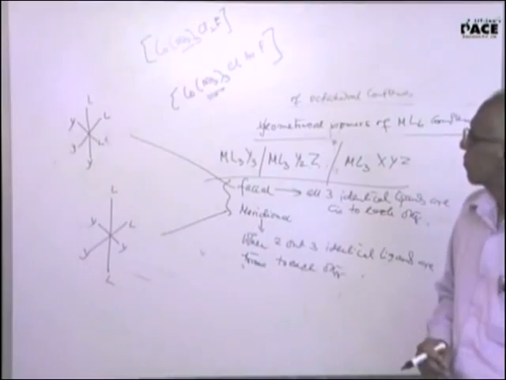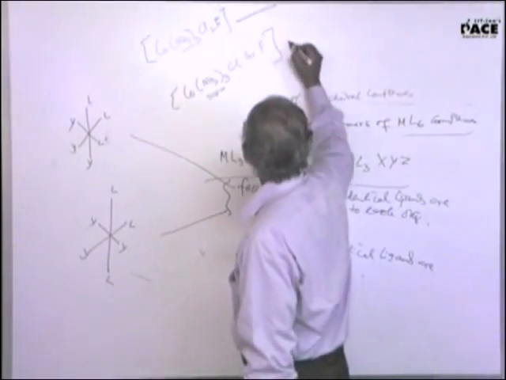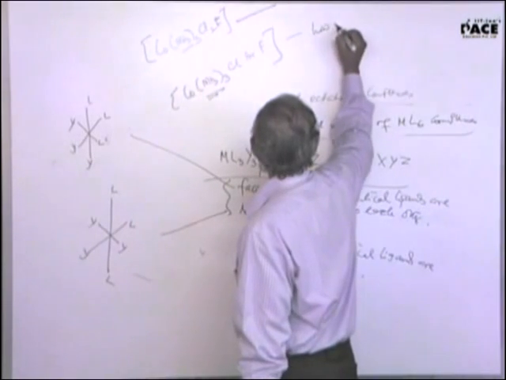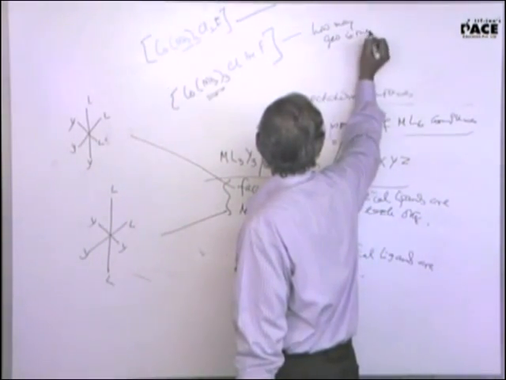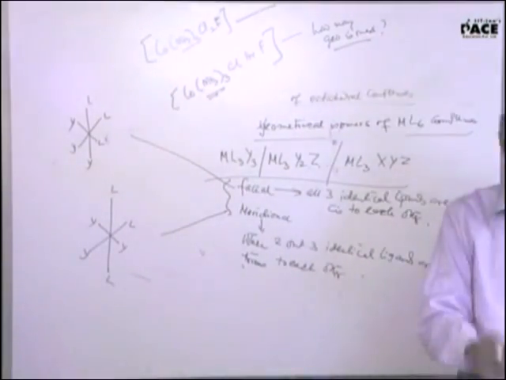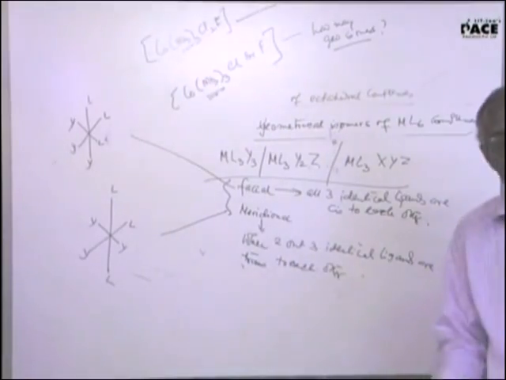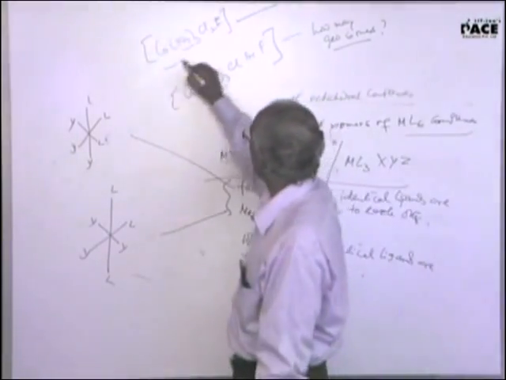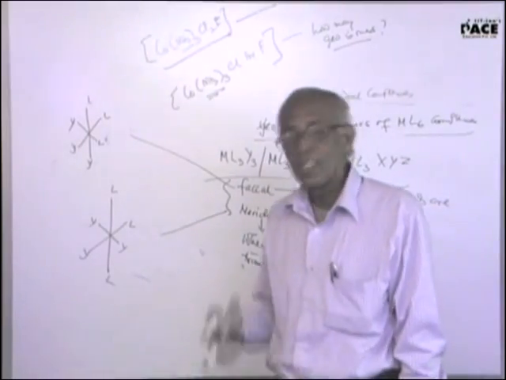So how many geometrical isomers will you have? Work out yourself and then give me the answer. You have to see the permutation and combination. How many combinations are possible for this? One is facial.